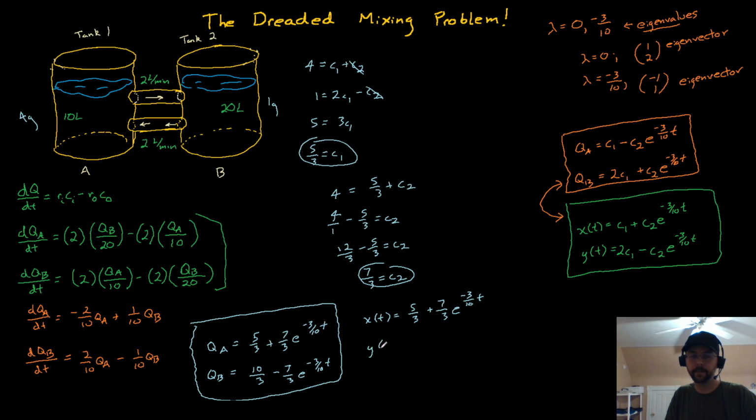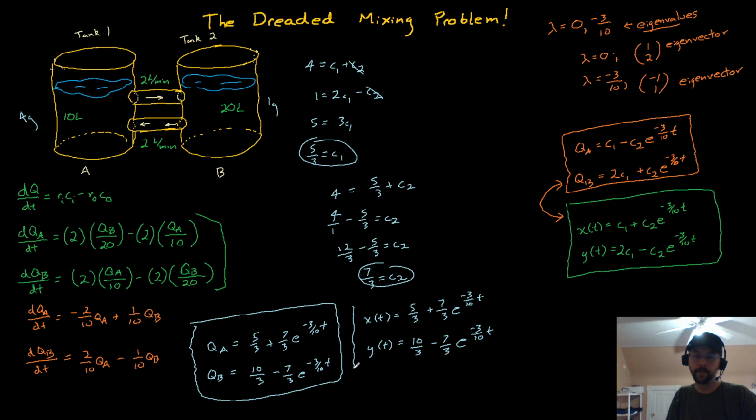Y of t equals 2 times C1, that's going to give us 10 over 3, minus C2, so minus 7 over 3 e to the negative 3 over 10t.